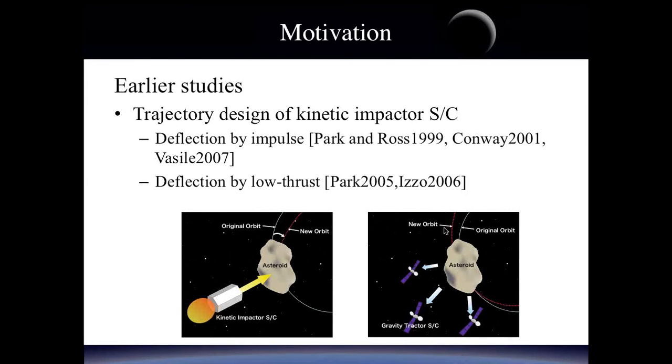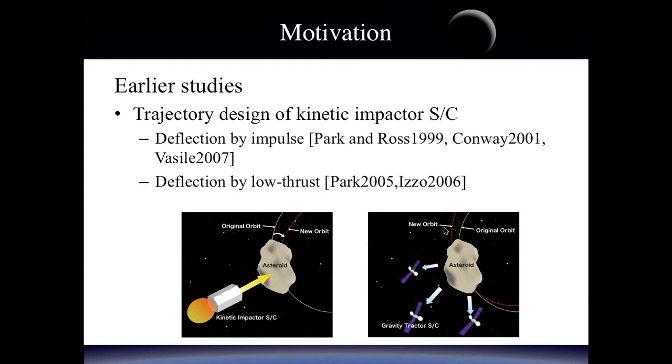In the previous studies, methodologies to design kinetic impactor spacecraft have been studied, both for impulsive maneuvers and low-thrust continuous maneuvers. Analytical expressions for the deviation due to a variation of orbital elements are derived, and optimization to compute optimal maneuvers was performed in these studies.